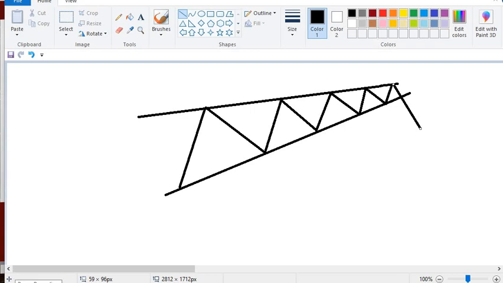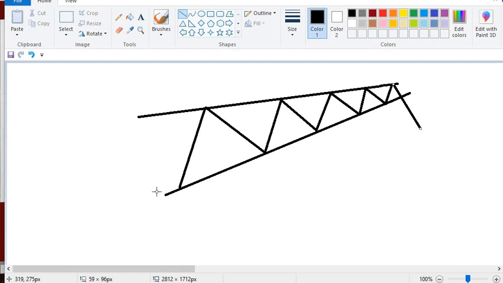When a rising wedge forms in an uptrend, it is a bearish reversal pattern, and when a rising wedge forms in a downtrend, it signals continuation of the downtrend. As we can see in the illustration, the price action is squeezing in between the sloping support and resistance points.